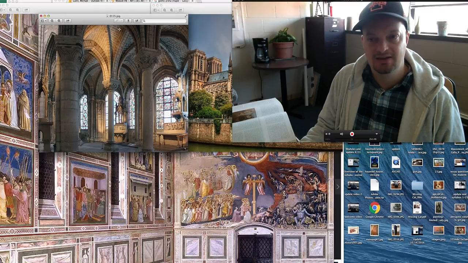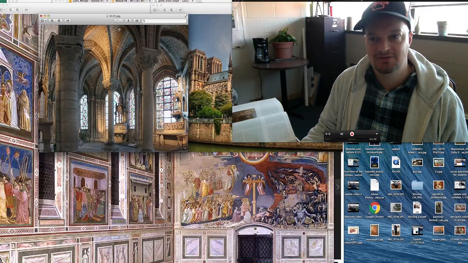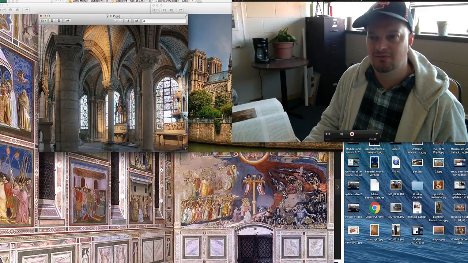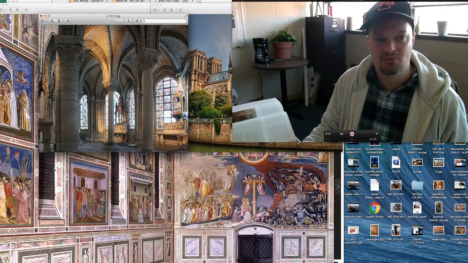That is a uniquely Gothic attribute. So if you're ever traveling Europe and you're in a building and it looks like bones on the inside, that's very much a Gothic style. That's called a ribbed vault in these barrel vaults here.